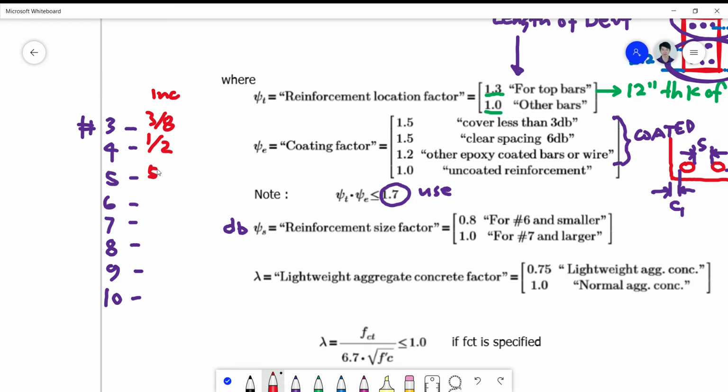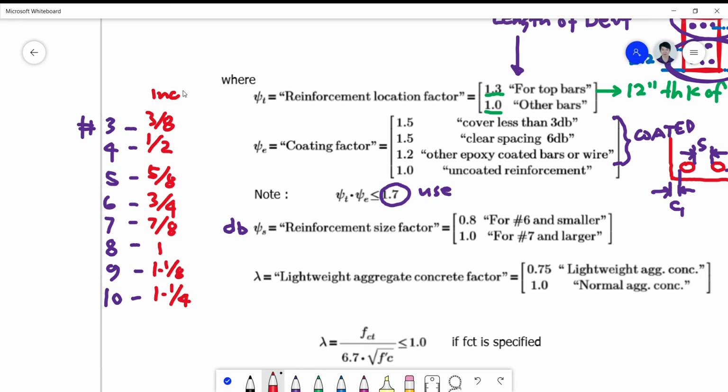This is 5/8, this is 6/8 or 3/4, this is 7/8, this is 1, this is 1 and 1/8, and this is 1 and 1/4.